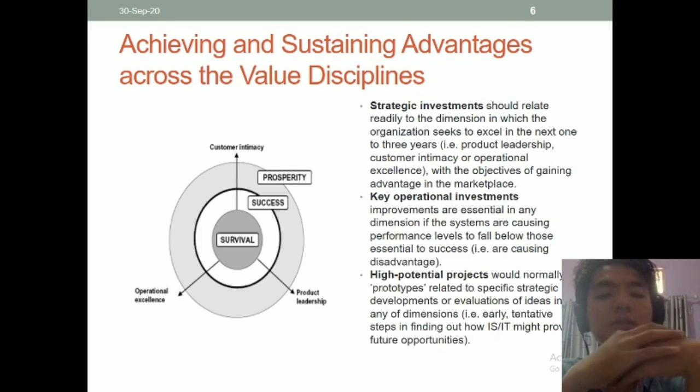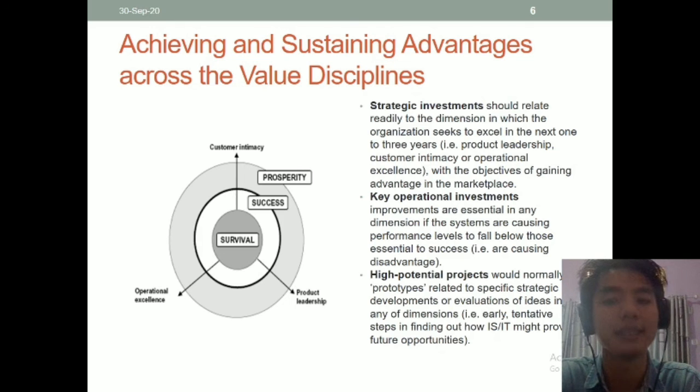The last one is high potential projects, which would normally be prototypes related to specific strategic developments or evaluations of ideas in any of the dimensions. For example, early tentative steps in finding out how ISIT might provide future opportunities.